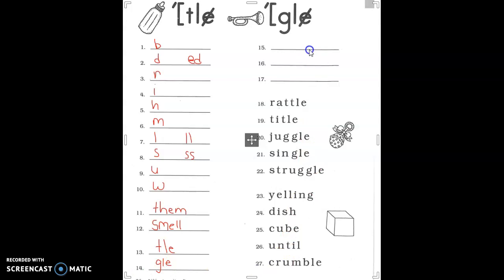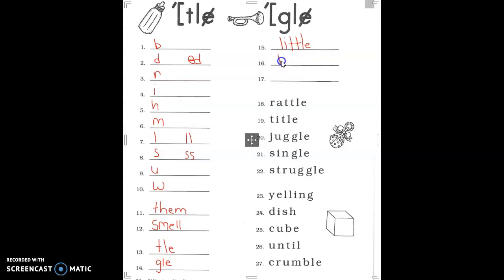Number 15, little. Little. L-I-T-L. Little. Number 16, bottle.